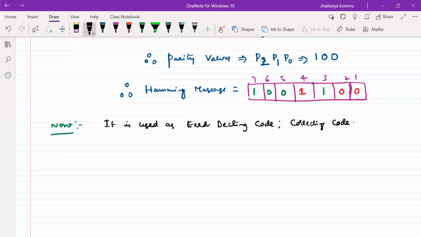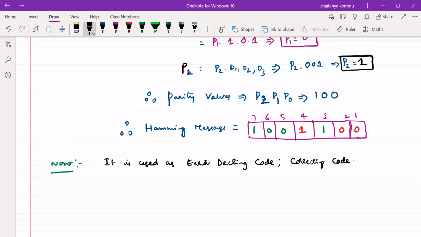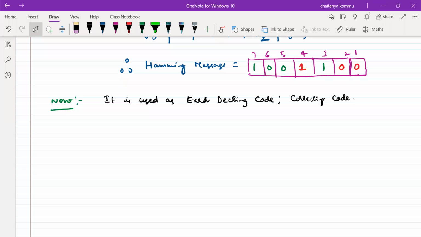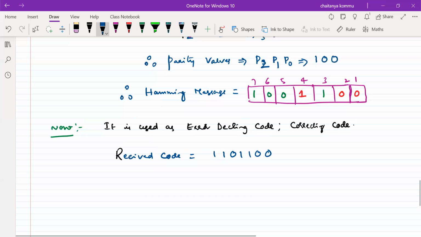For example, in a given code, the received code is something like 11011100. That is the code received. We would like to cross check how it detects the error in a particular bit, and how it will be corrected.